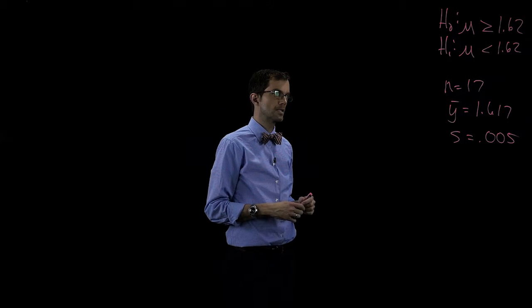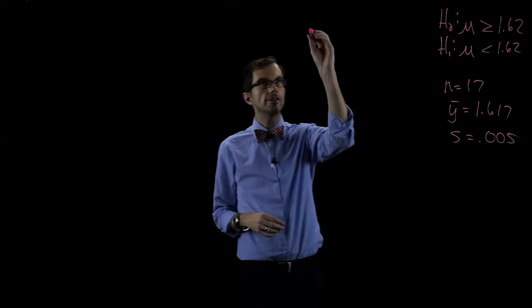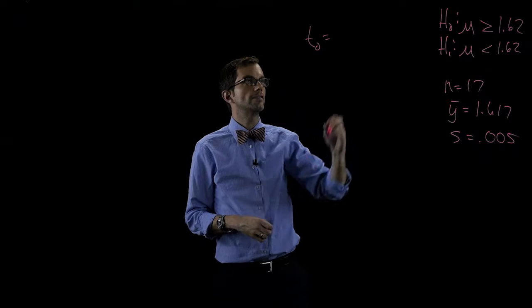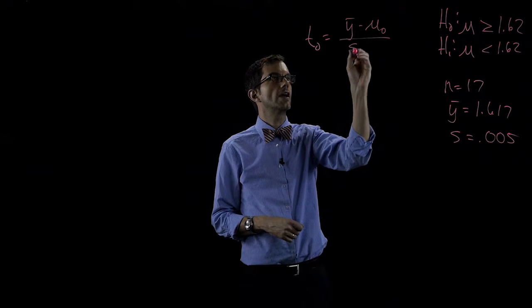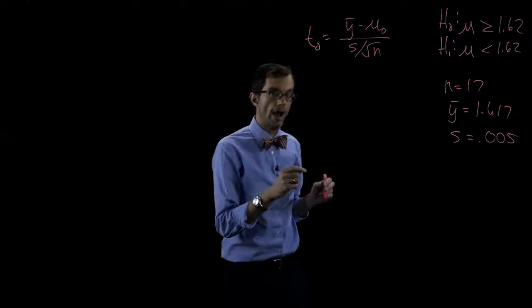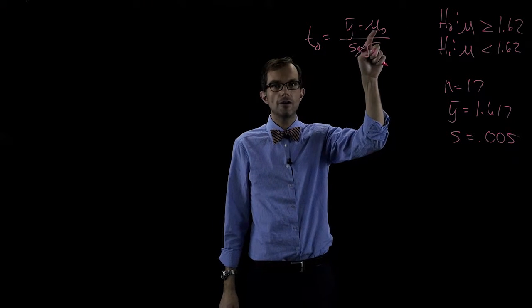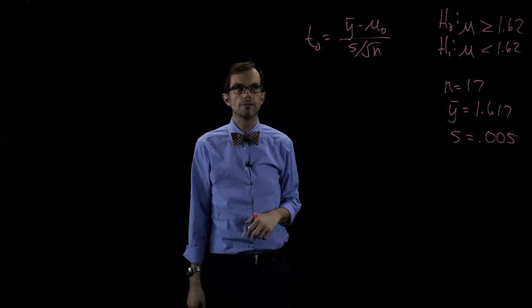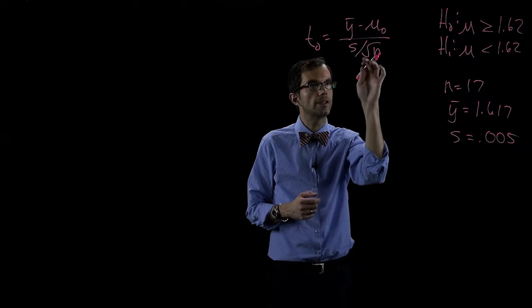Okay? So we're going to use the p-value approach here, so we need to calculate the test statistic. The test statistic is, of course, y bar minus mu naught over s over root n. How different is the sample evidence from the hypothesized value in standard deviation units? So that's how we're accounting for variability here.